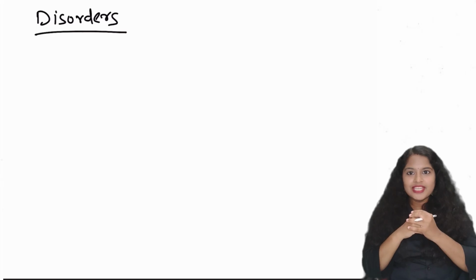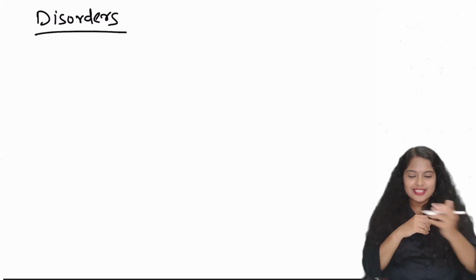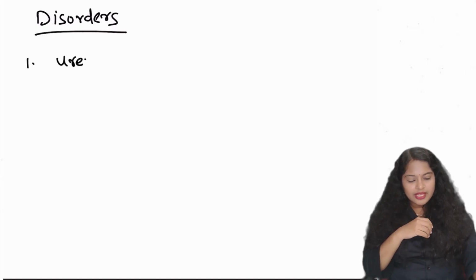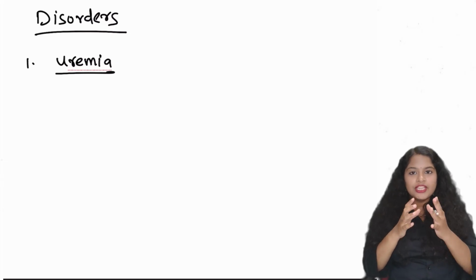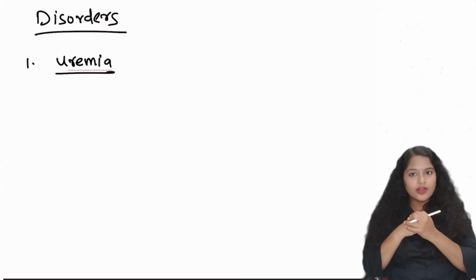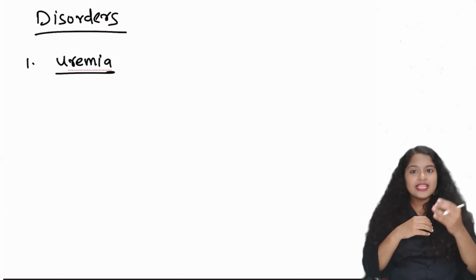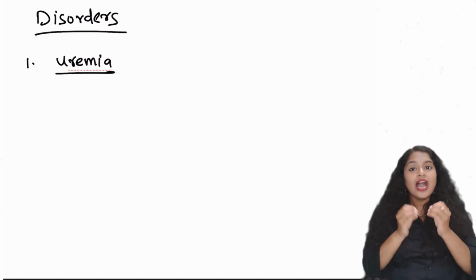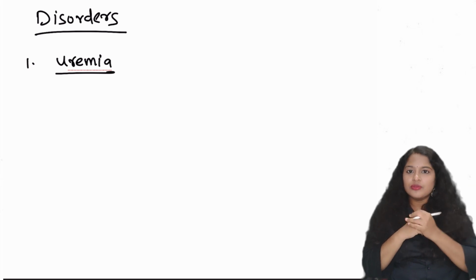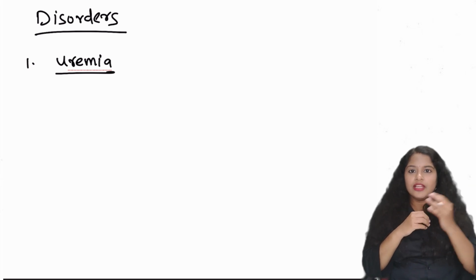Now next we are going to see different disorders related to the excretory system. The first one is uremia. This is the accumulation of excess urea in the blood. When the amount of urea in the blood is more, it is called uremia, and this can be removed using hemodialysis. So what is hemodialysis? It is an artificial kidney. Blood is taken out from the patient's body, passed into a dialyzer, and from there it is taken back into the body after filtration.